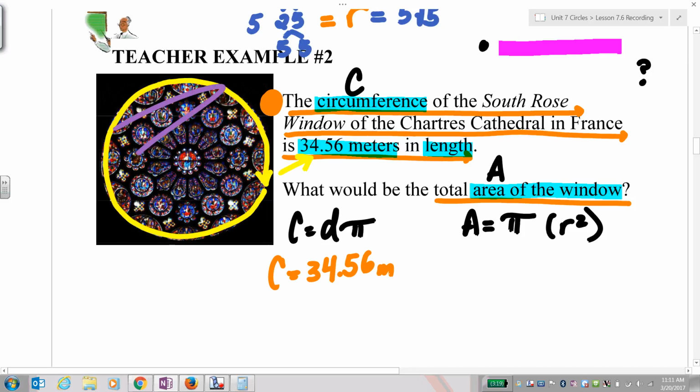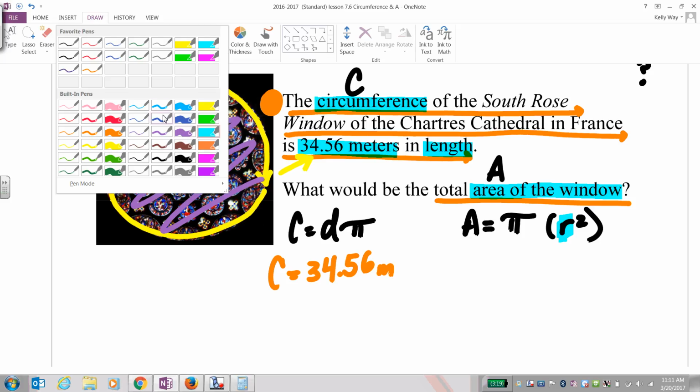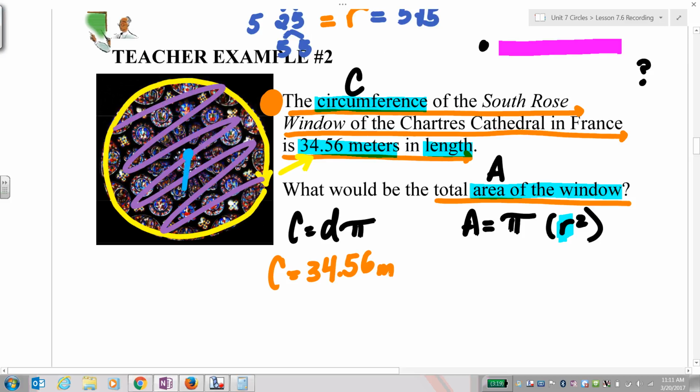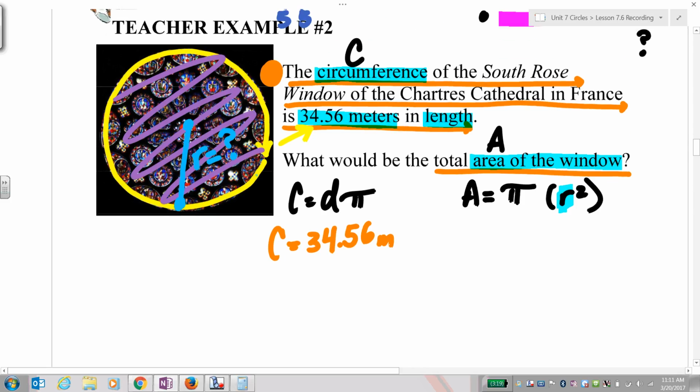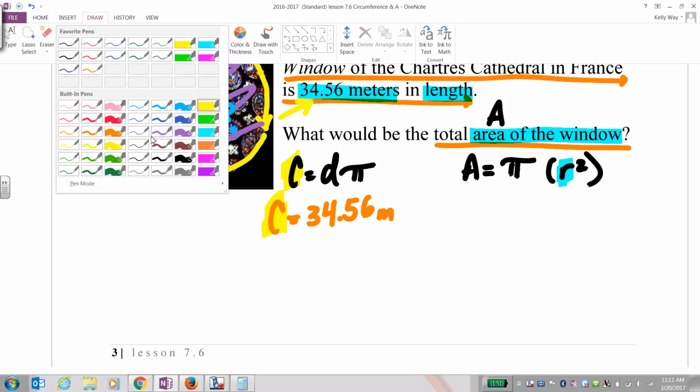The area, of course, is the answer. The only thing that we're not getting is the radius. So always start with what you do have. We have the circumference. Let's make those equivalent.